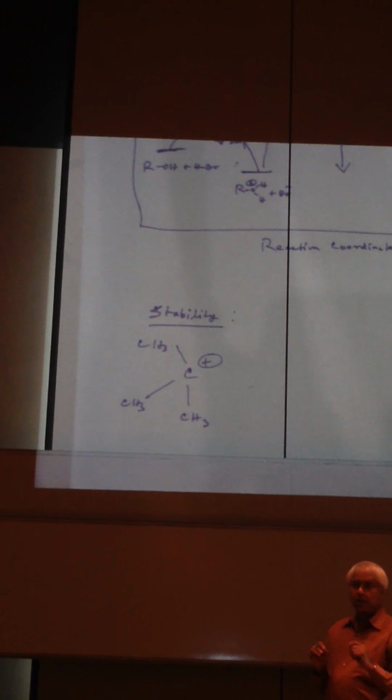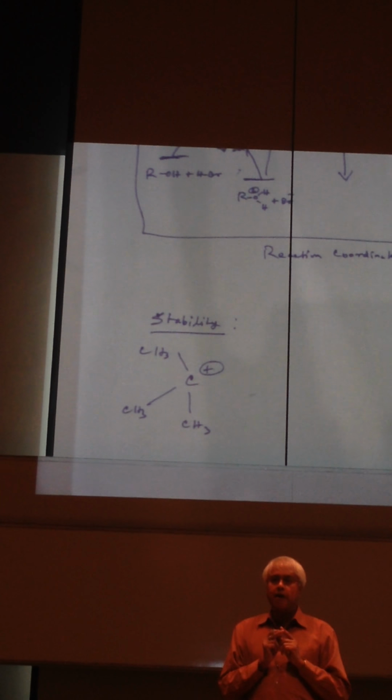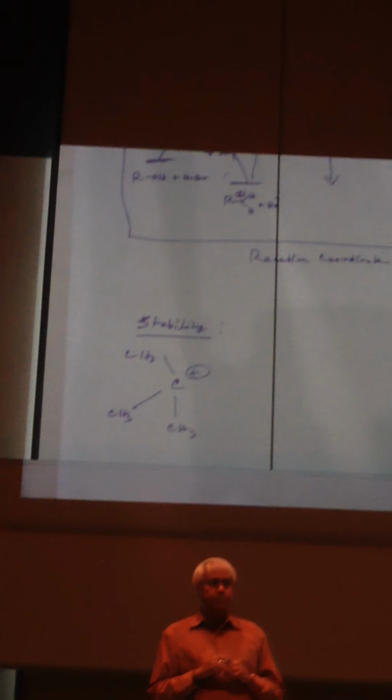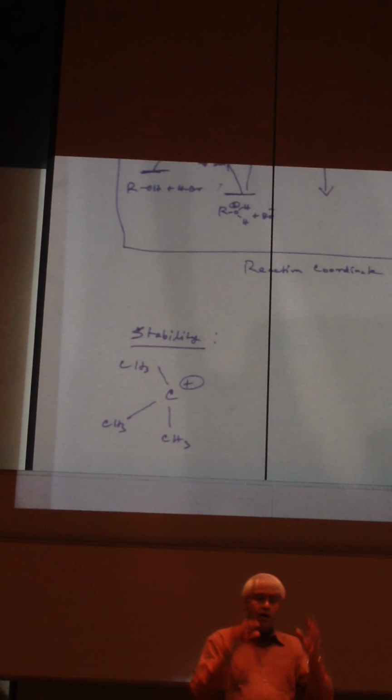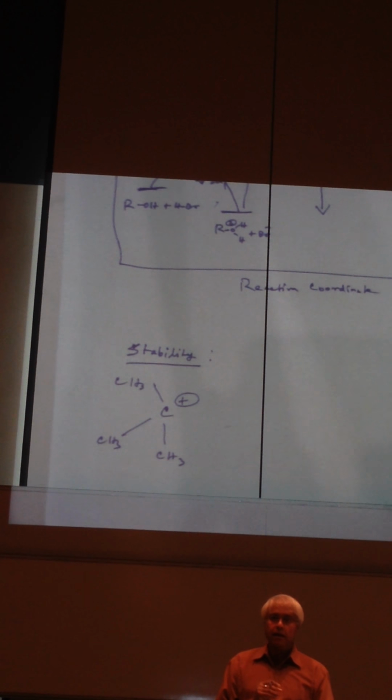Therefore, each methyl group has a carbon-hydrogen dipole. Carbon is a little more electronegative than hydrogen, so its dipole is flowing towards the carbon. So overall, the methyl group is an electron donating group, and therefore it donates the electron towards this one. And as a result, it stabilizes the positive charge.